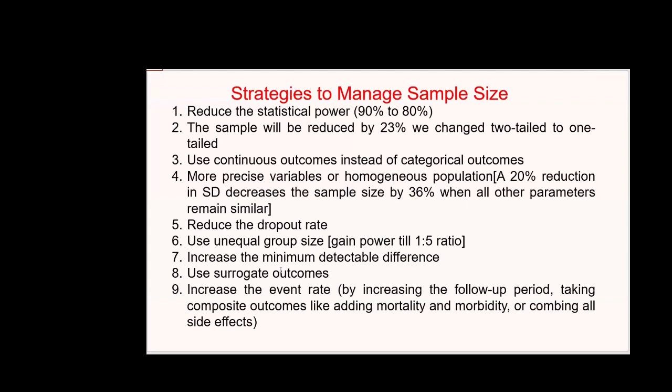Increase the event rate. What is the event? This is the time-to-event rate. In survival analysis, we can increase the duration of the study so that we get more events compared to a shorter duration of the study.